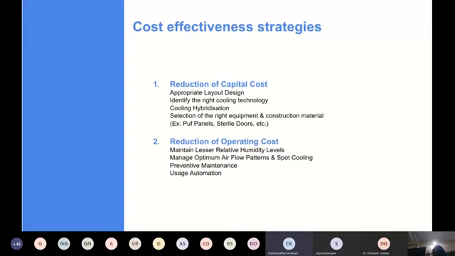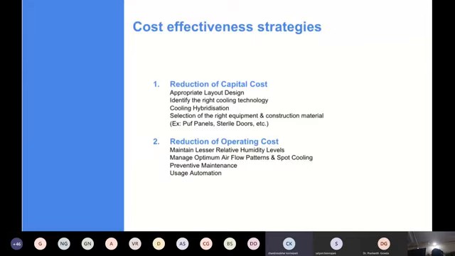All these things will reduce the recurring energy cost, and also the recurring cost of regularly using antimicrobial paint or things like that is completely reduced in most of the areas.